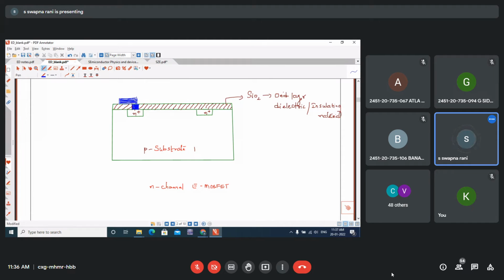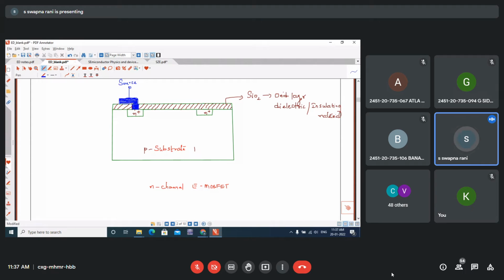Holes are cut into the oxide layer, and the metal is deposited into the holes. So with this metal contact, we can make a contact. Now we can provide a contact for this N plus region, and that we are calling the source.